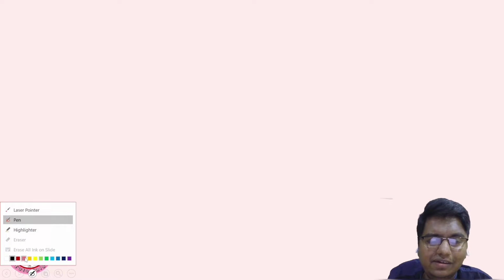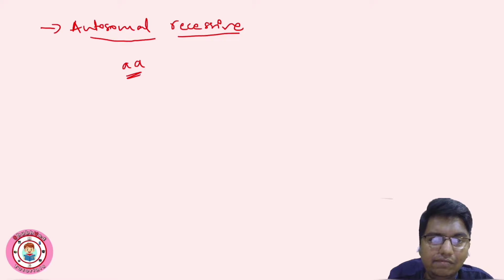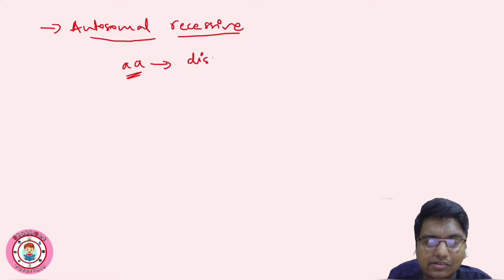Let's change the color. Autosomal recessive. So this is recessive, we know. This homozygous recessive condition will express the trait, so we can say this is the disease condition. We are talking here about human genetics and a pedigree, do remember. So this is associated with the disease.